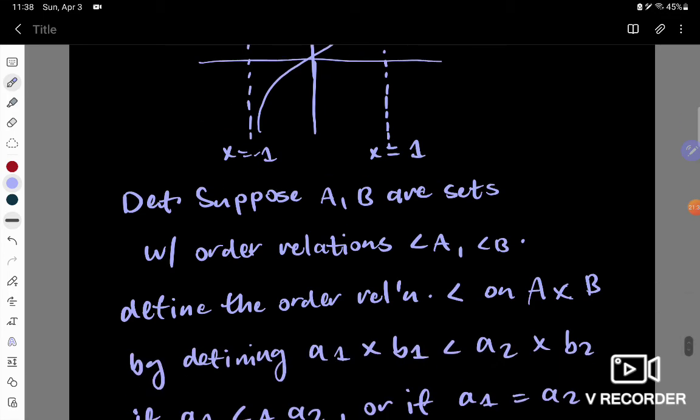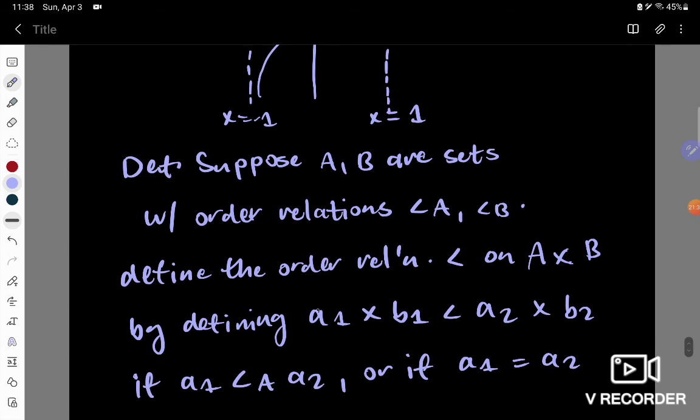And we want to do this by defining, let's say, a1 being in A, a2 being in A, and b1, b2 being in B. (a1, b1) is less than (a2, b2) if either a1 is less than a2 in A, that automatically qualifies this as true, regardless of the relation between b1 and b2 in B. So this takes priority in a sense.